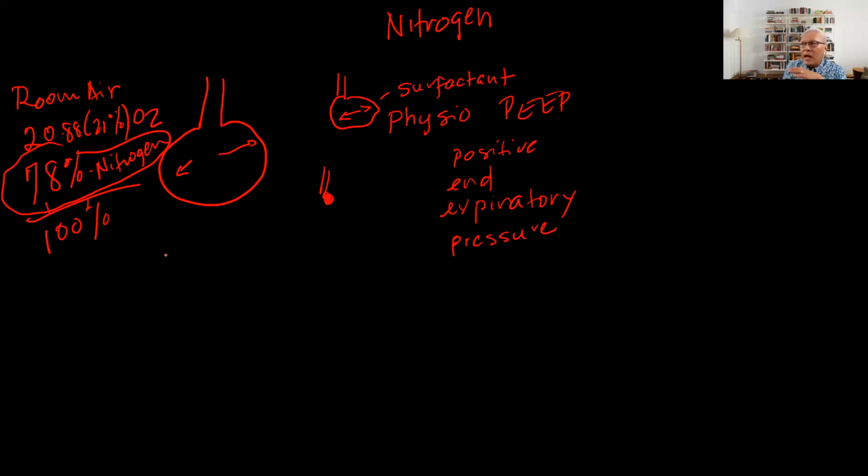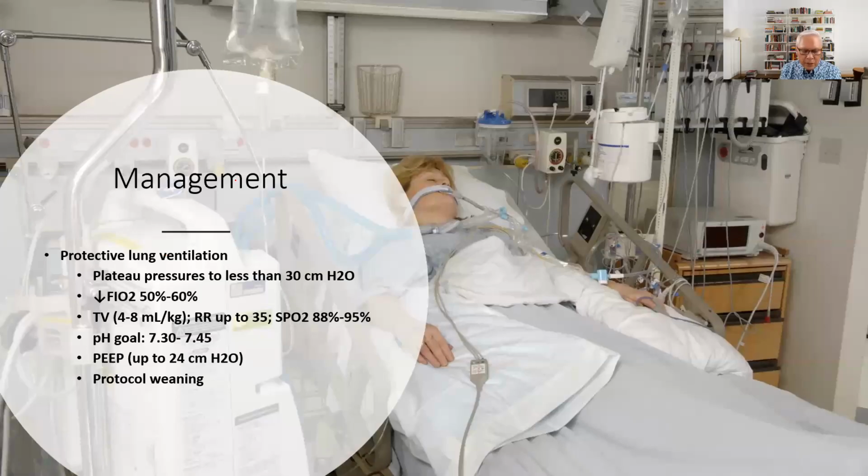So, having said that then, whenever we are giving a patient oxygen that is going to be over 78%, so let's say that we are giving oxygen at 100%, what happens when you give oxygen 100% to a patient?